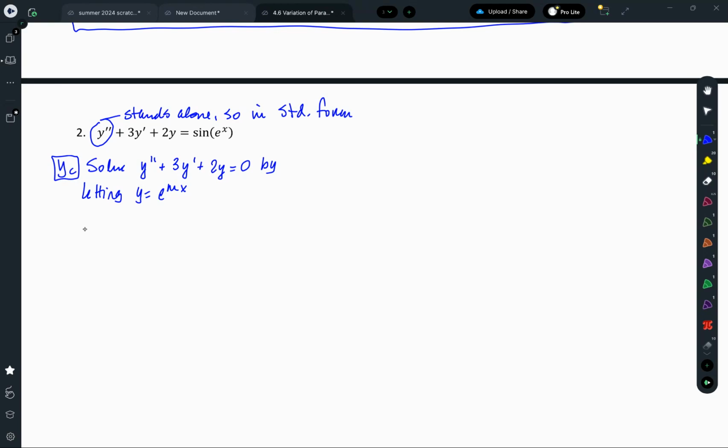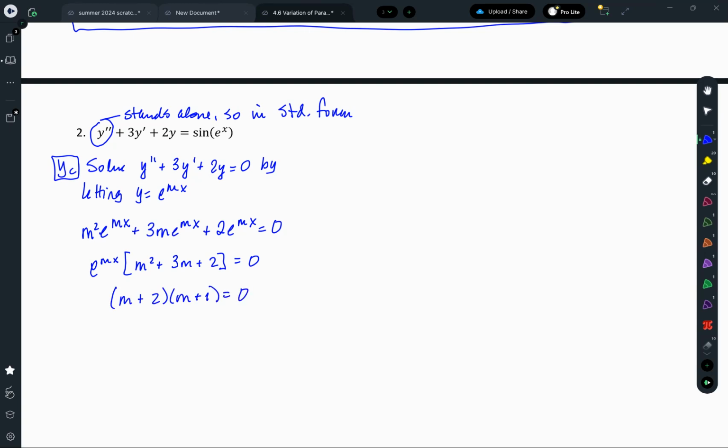So when we do that, we get m squared e to the mx plus 3m e to the mx plus 2e to the mx is equal to 0. Factor out e to the mx. That leaves behind m squared plus 3m plus 2 equal to 0. e to the mx is never equal to 0. m squared plus 3m plus 2 does factor, so we are now solving m plus 2 times m plus 1 equals 0.